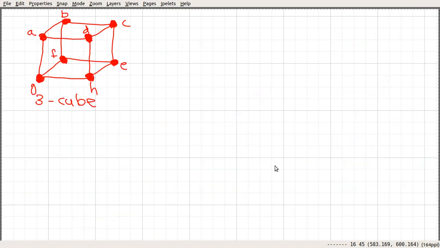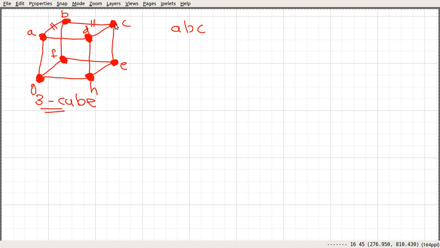So let's look into one more example. Let's consider this 3 cube, and suppose that the edges are labeled in this way. Suppose that we start from A, and let's move to B using that edge, and from B move to C using that edge.